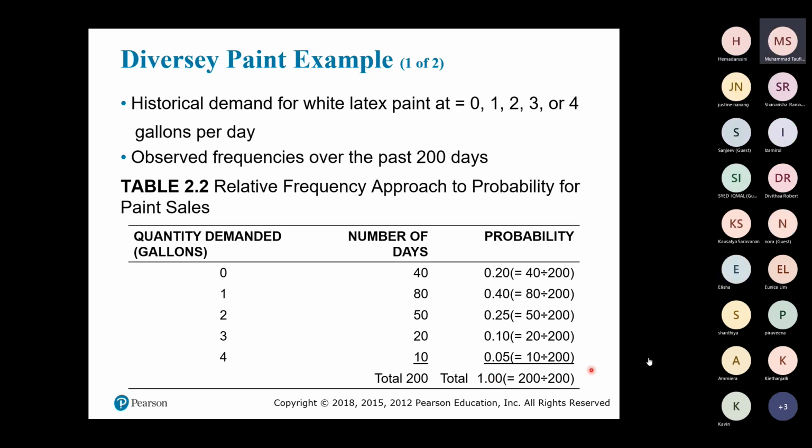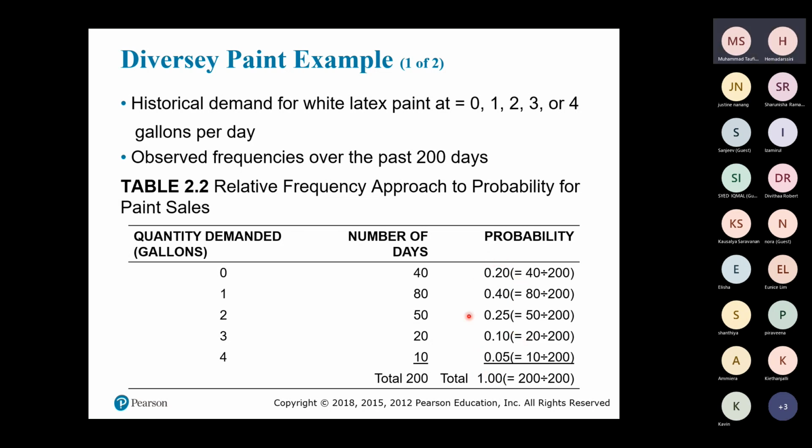Okay, so the total must be 1. If, for example, you calculate your probabilities and then total them up, and the value is more than 1 or less than 1, it means that your probability value is wrong.